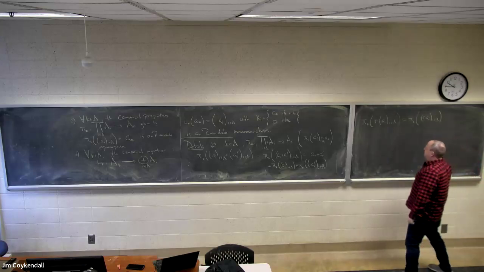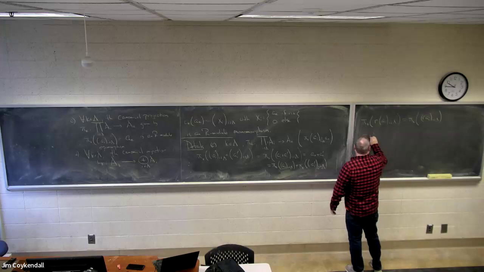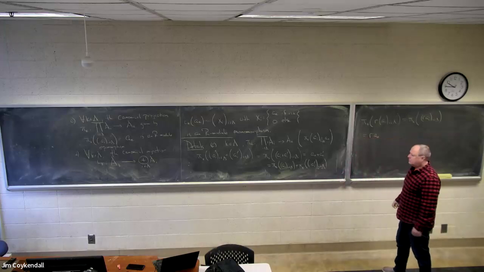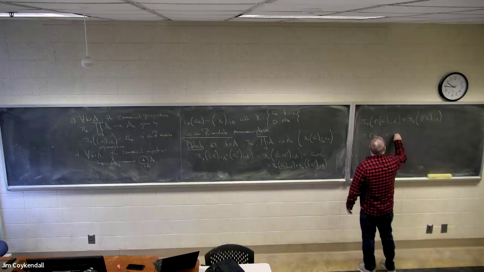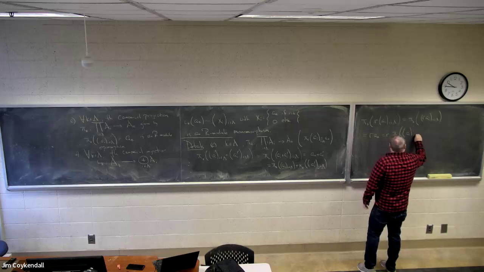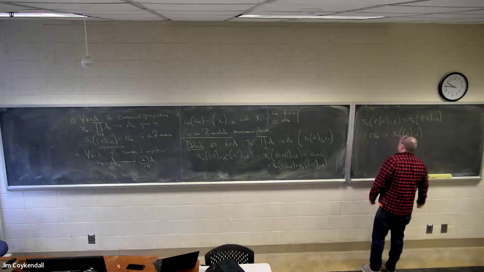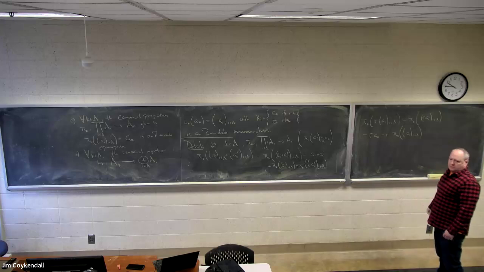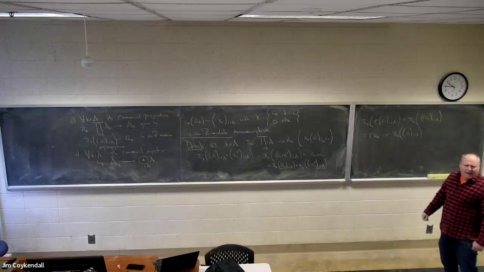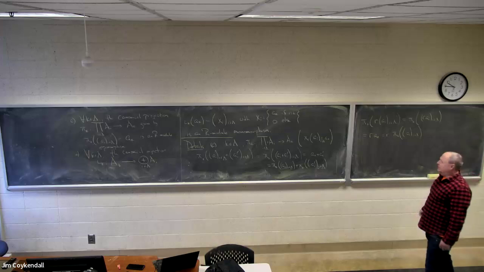And this is R AK, which is R times AK. And I hope it's fairly clear what this is onto.